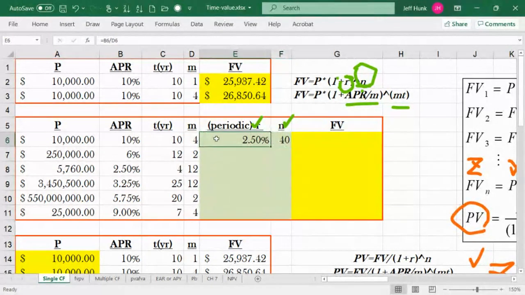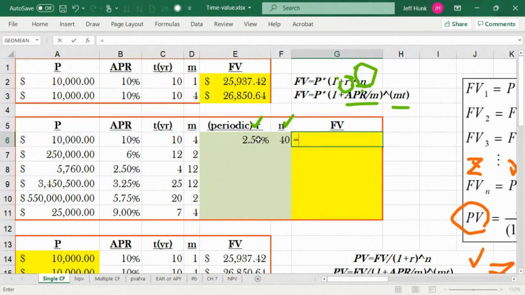Okay, so then when you have R and N, all you need to do is go back to the simpler version of the formula, right?